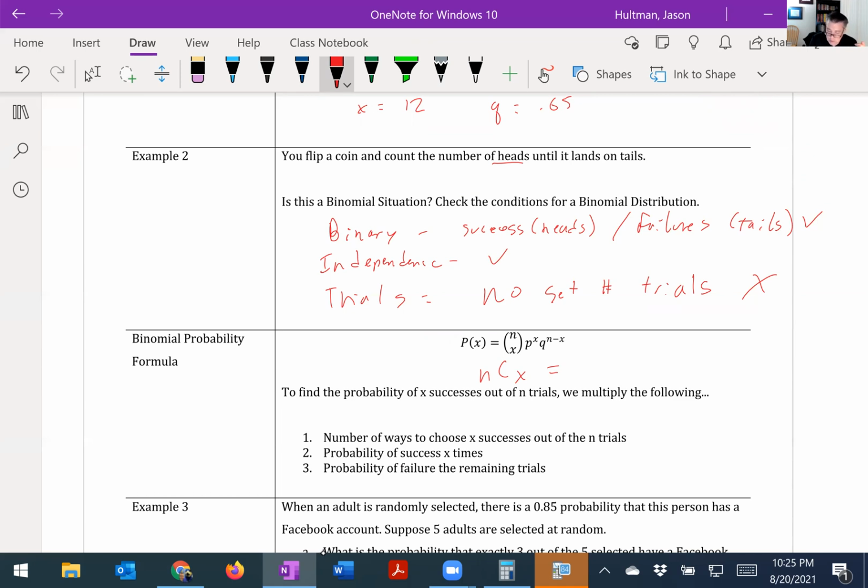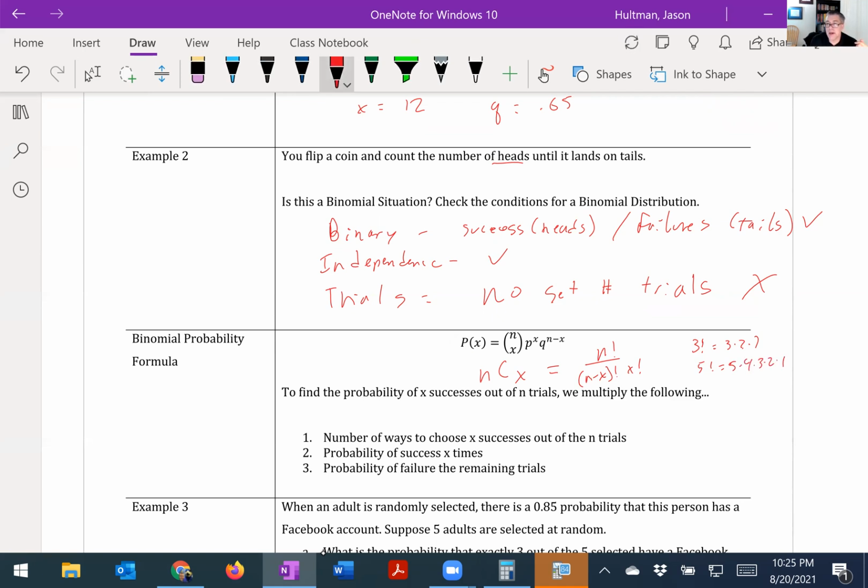But the formula is N factorial over N minus X factorial times X factorial. A factorial is just, if I have 3 factorial, that's 3 times 2 times 1. If I have 5 factorial, that's 5 times 4 times 3 times 2 times 1.